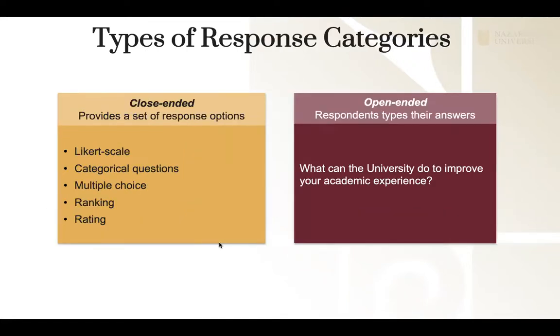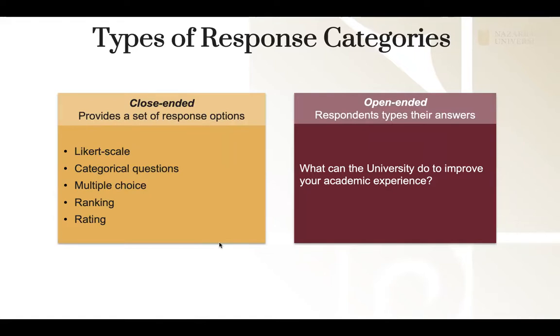Also, questions vary by the response category. The two major types of survey questions are closed-ended questions and open-ended questions. Closed-ended questions are questions that provide a set of responses, whereas in open-ended questions, respondents have to type their answers.